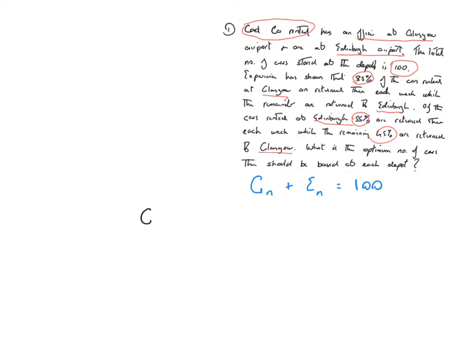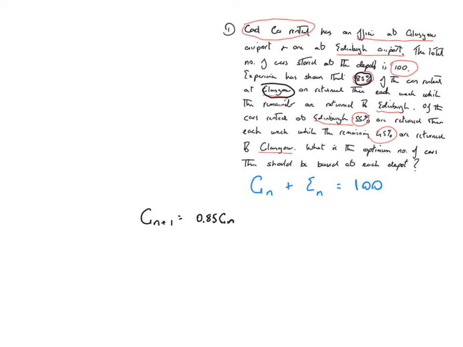Okay, so what I'm going to now do is set up a reconciliation for Glasgow Airport. So next week, that would be GN plus 1. What I know is that 85% of the cars rented at Glasgow go back to Glasgow. So from last week, that would be GN. GN is the number of cars last week in Glasgow. 85% go back to Glasgow next week, so that's 0.85 GN.